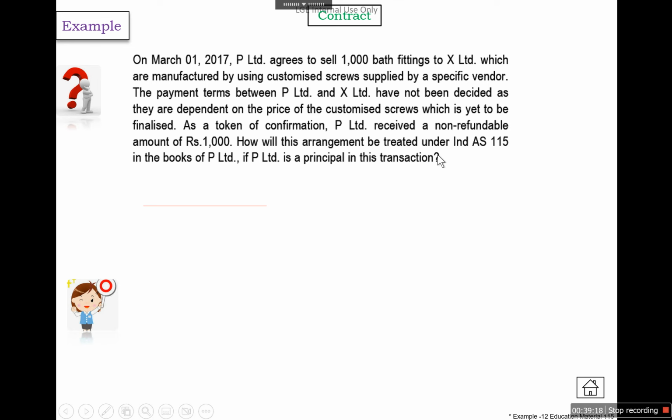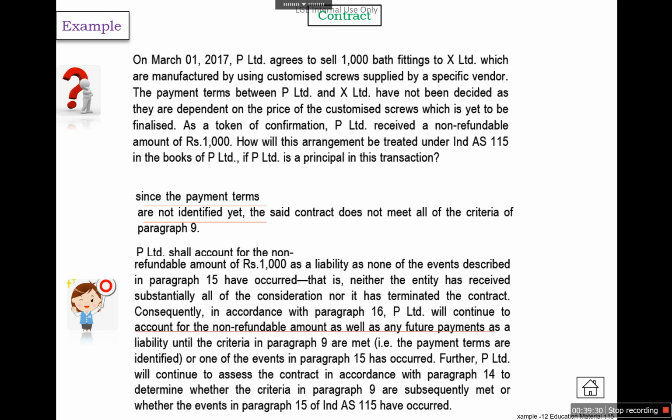How will this arrangement be treated under Ind AS 115 in the books of P Limited if P Limited is a principal in this transaction? The third condition in identifying the contract is that there should be identifiable payment terms. It is not identified, so it does not meet the criteria of a contract. So P Limited will continue to account for the non-refundable amount as a liability.